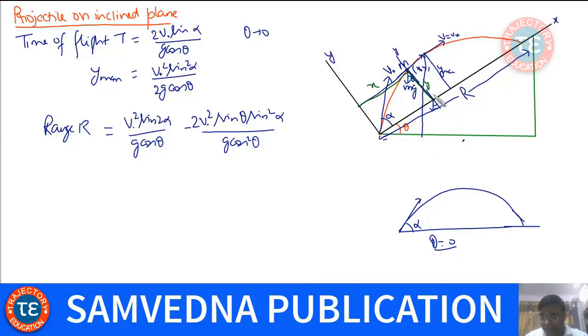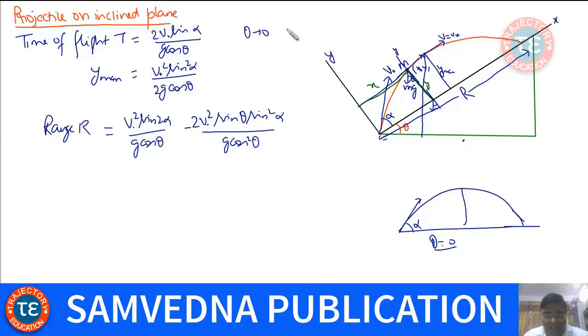This inclined plane will convert into a plane surface for theta equal to 0. So time of flight will be 2 V naught sine alpha by g, and maximum height will give you V naught square sine square alpha by 2g. And range also, when theta goes to 0, this part vanishes, and you have range equals V naught square sine 2 alpha by g.